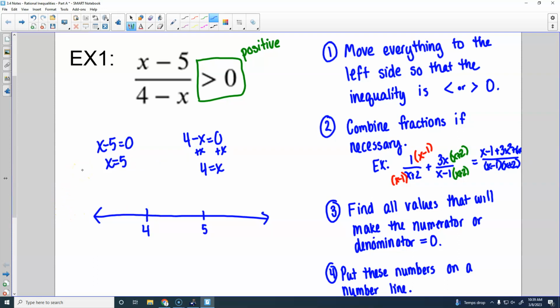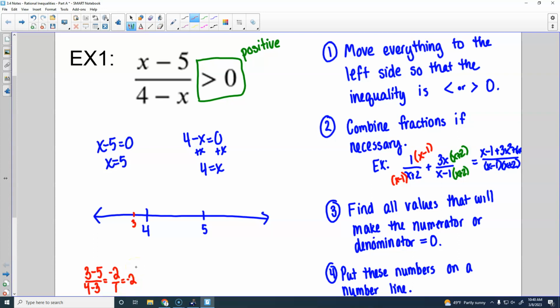Let's see. Lily, pick me a number that is less than 4. Okay, so if we pick 3, it falls right here. And we are just going to plug it into our expression. So 3 minus 5 over 4 minus 3. That is going to give us negative 2 over positive 1, which is a negative 2.